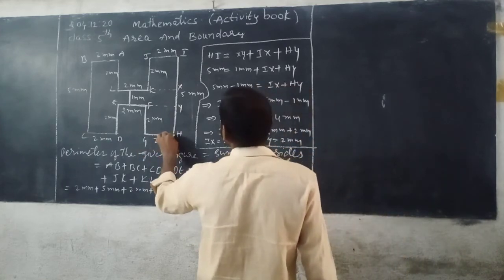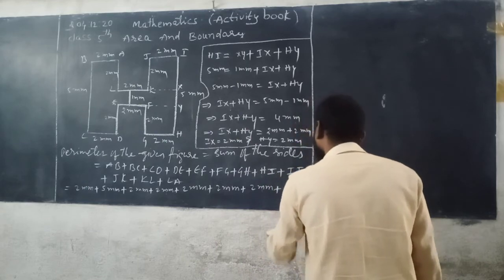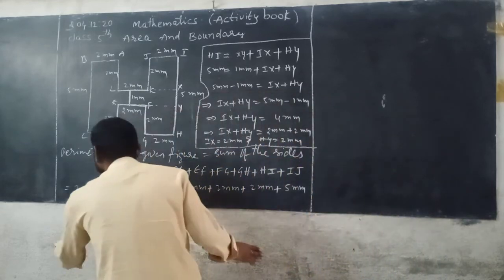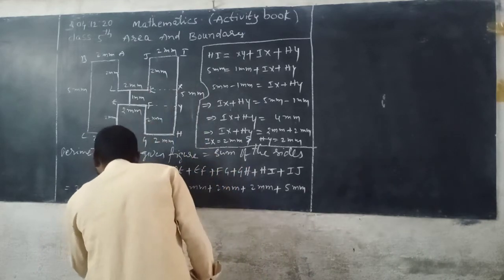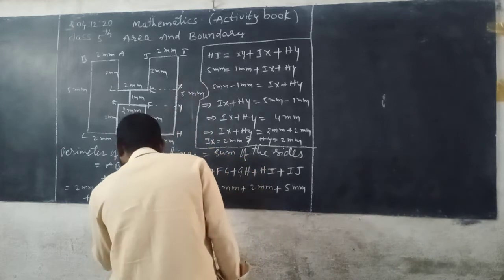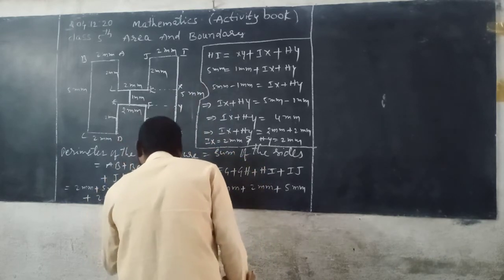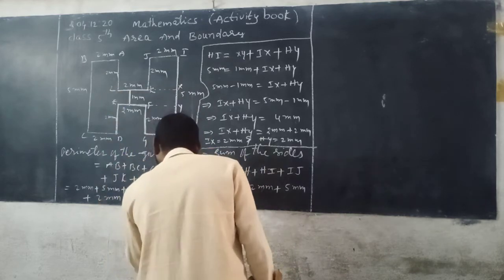GH after HI 5 millimeter plus IJ 2 millimeter. JK, that is 2 millimeter. KL, that is also 2 millimeter.